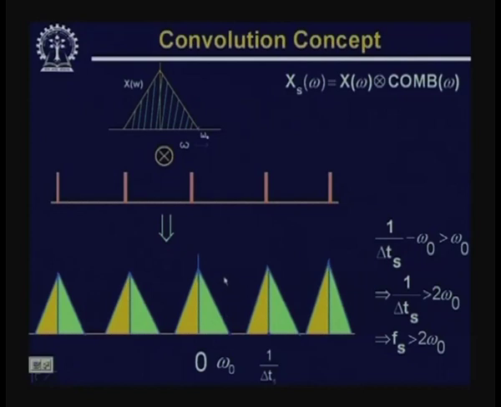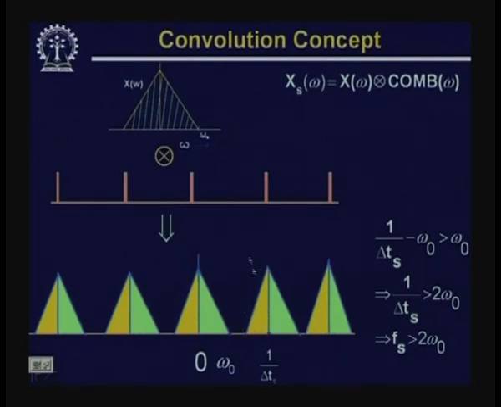And here you find that for proper reconstruction, the spectrum of the original signal has to be taken out, and to take it out we have to make use of a filter which will only take out this particular band, and the remaining frequency components will simply be discarded.